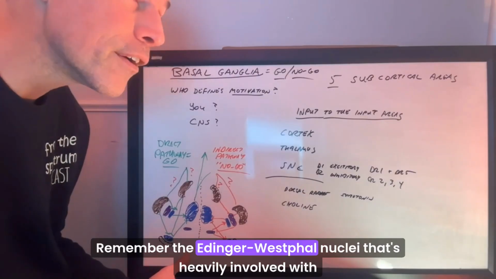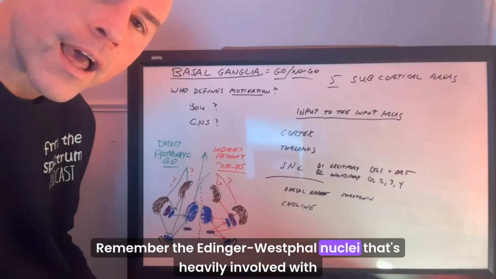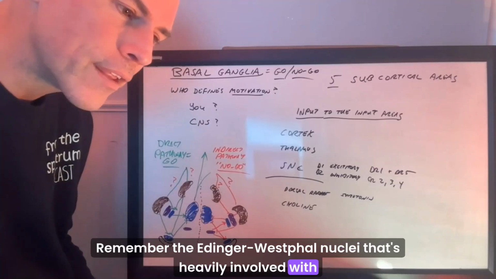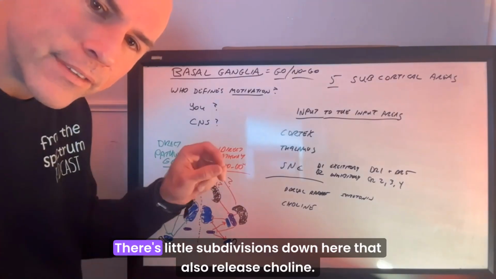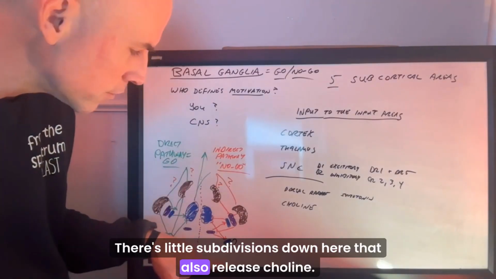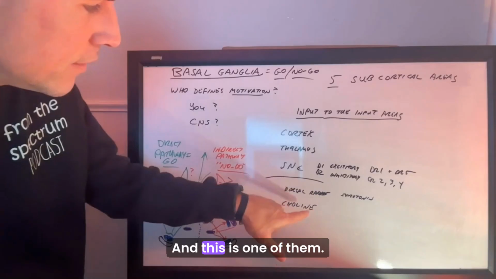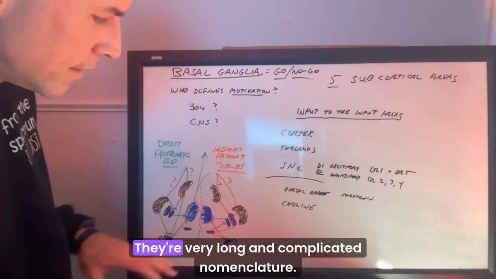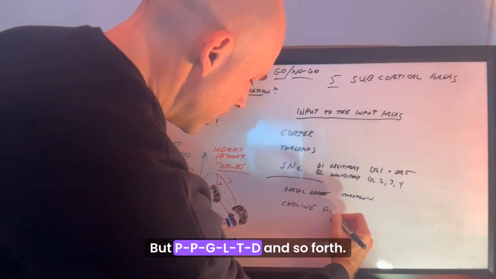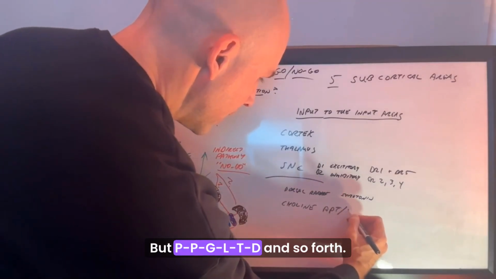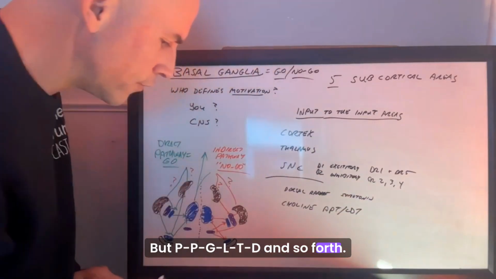Remember the Edinger-Westphal nuclei that's heavily involved with cranial nerve 3 as well. There's little subdivisions down here that also release choline, and this is one of them. They're very long and complicated nomenclature, but P, G, L, T, D, and so forth.